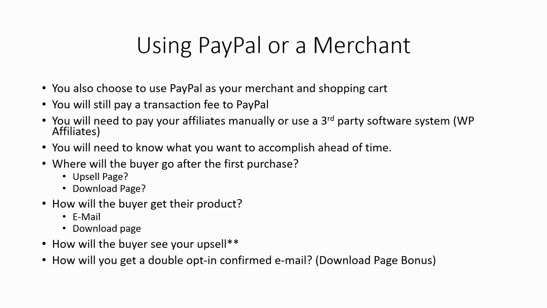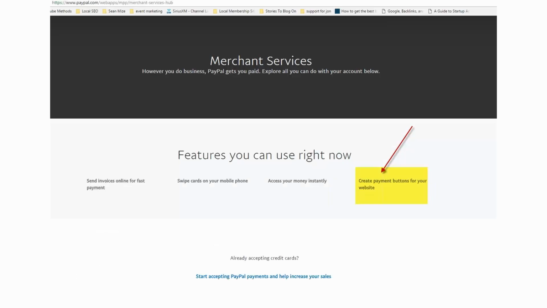You're also going to get them single opt-in confirmed, but we're going to want to work a little harder to get that double opt-in. All right, so let's talk about first how we're going to map this out.